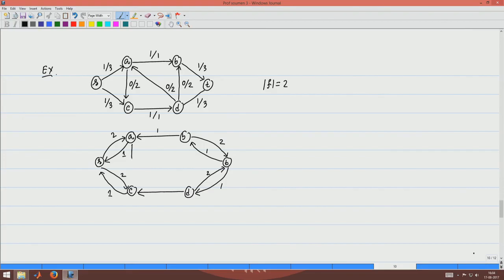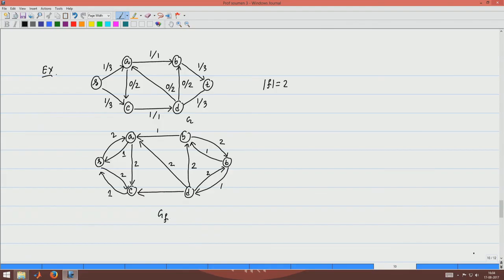A to C there is a forward edge capacity 2. D to A there is a forward edge of capacity 2 and D to B there is a forward edge of capacity 2. So, this is the residual network of the network G with respect to the flow.